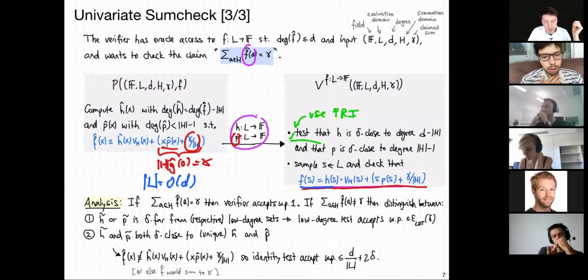So H and F are sent to us. For FRI, we need to repackage them, right? And wait, they are not sending us coefficients, they are sending us evaluations. That's right. Yes, they're sent as evaluations. That's why we can check. Yeah, thank you. So the prover has the coefficients to perform the polynomial division.